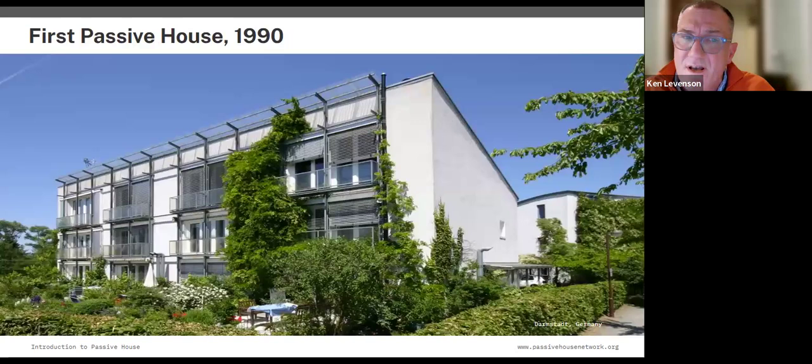And so this is the first modern Passive House. It was built as a physics experiment in Darmstadt, Germany. Interestingly, it's not a single family house. It's a row of townhomes, I guess you could say, four flats side by side. It was built as an experiment. They didn't have the windows that they needed. They had to customize the windows.